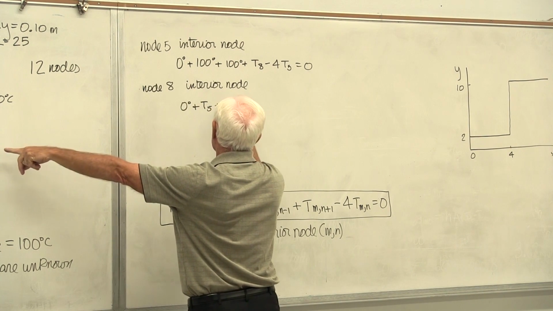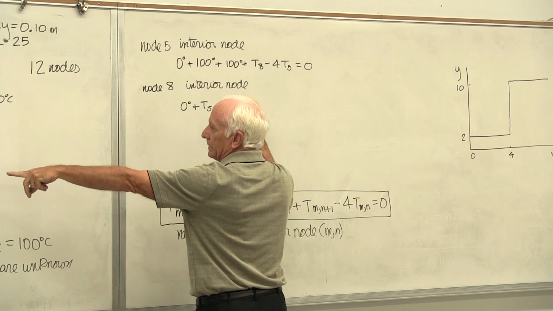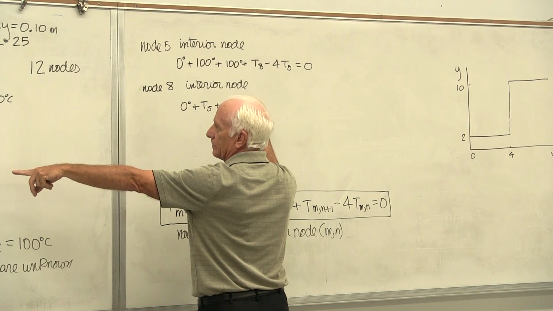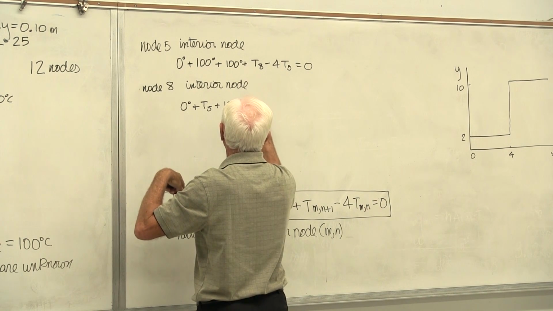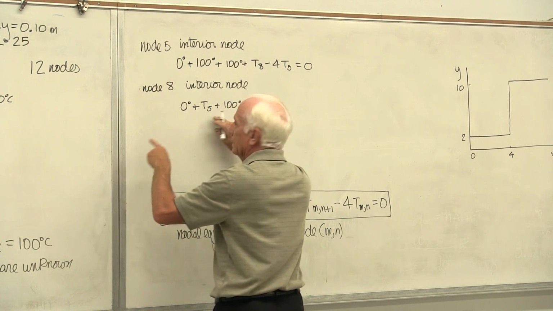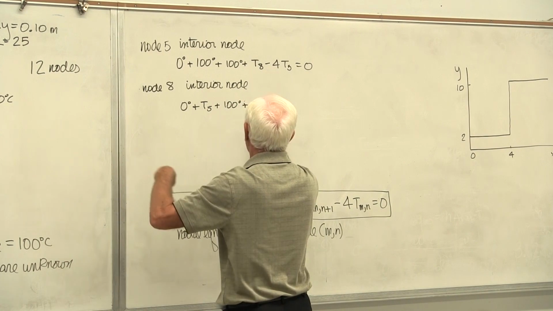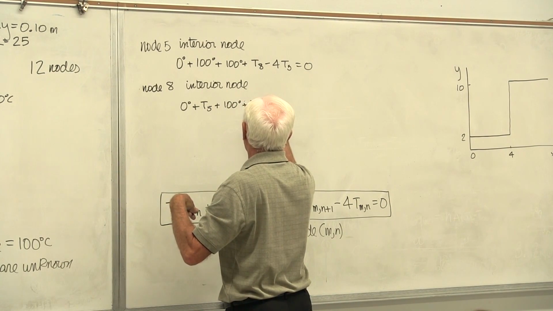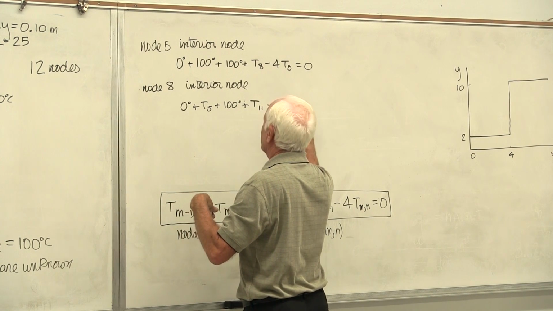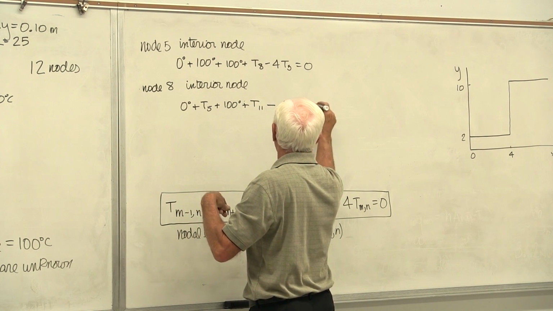T9, 100 degrees. T11, unknown. Oh, T9, pardon me. Let's see, T5. Okay, my T9's known. T11, I was right the first time. Minus 4 times T8 equals 0.